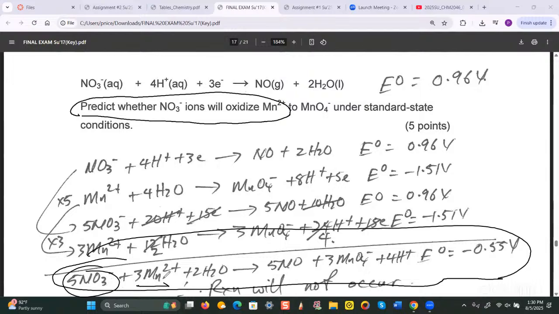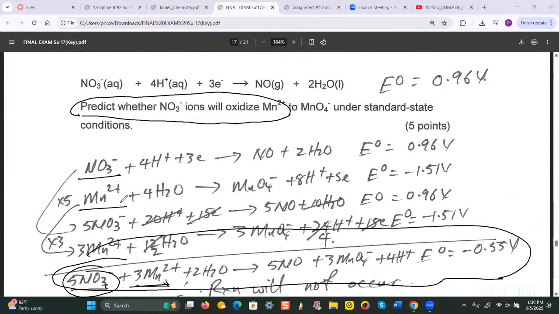So that's why I made sure that the nitrate and the manganese are on the left side, because I want to see if that reaction will take place, if that reaction is going to be spontaneous. So that's why I kept the nitrate here, and that's why I flipped the other equation to get the manganese on the same side as the nitrate. Okay, so then we would want to have the second equation reversed so then we could have the nitrate and the manganese on the same side.